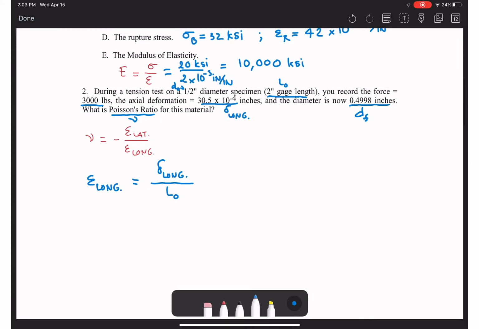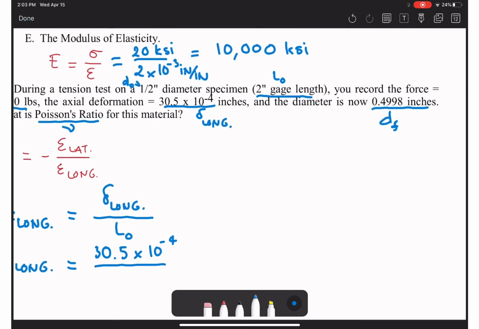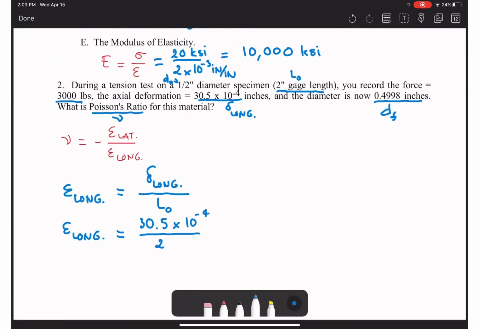So we can have epsilon longitudinal equal to, given there, 30.5 times 10⁻⁴ inches over the original length 2 inches, L naught, so 2 inches. This is inch, this is inch.